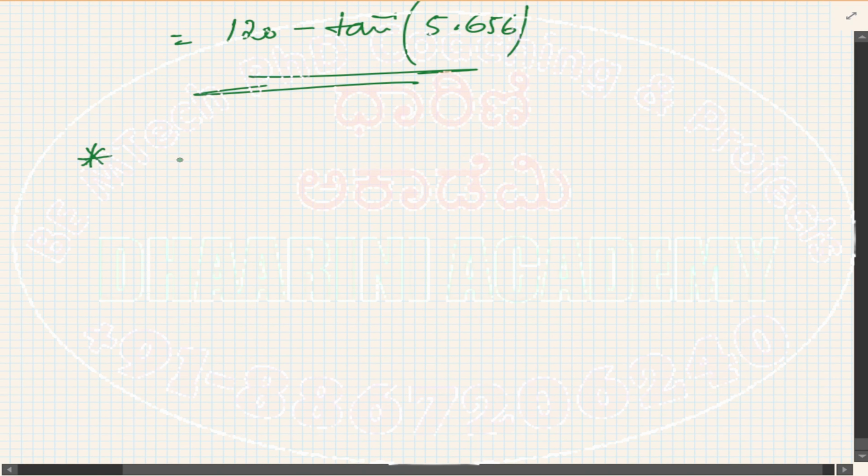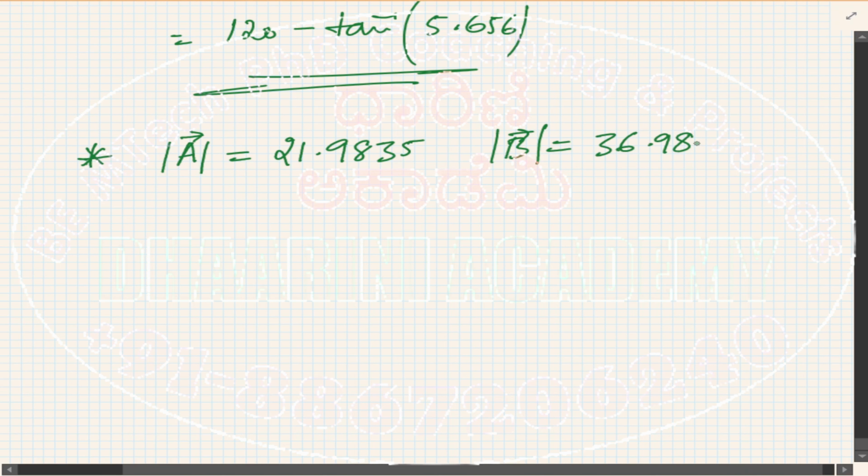Question: magnitude of vector A is 21.9835. Magnitude of vector B is 36.9877. Okay, theta is equal to 30 degrees.